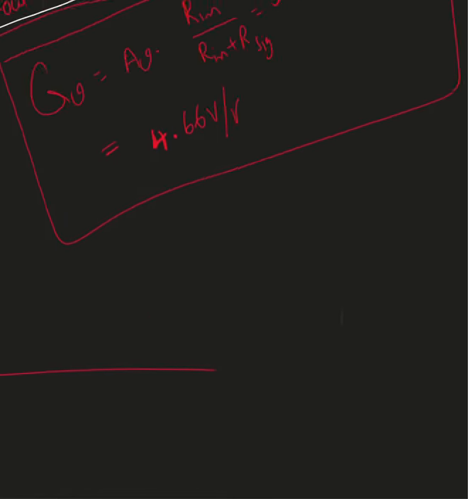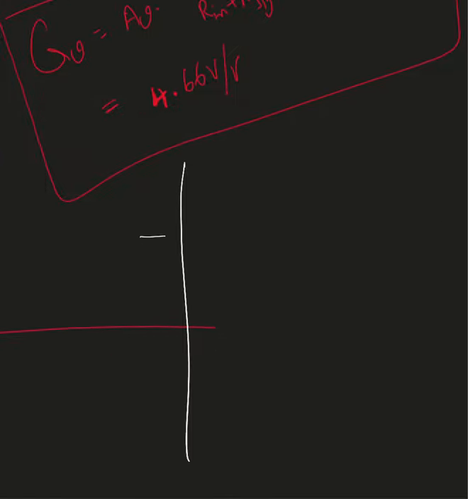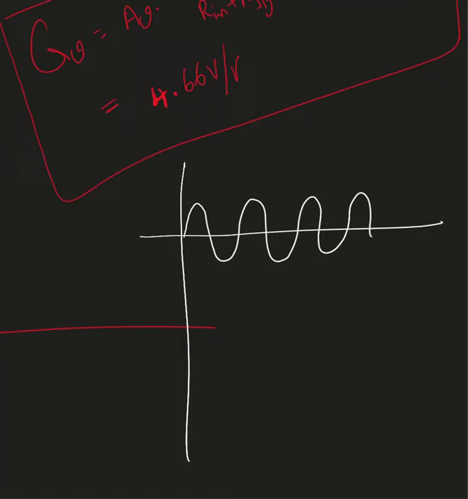When you draw the waveforms, say for example, here is my input signal. Say it's 1 millivolt maximum value, so it's just like 1 sine omega t millivolt. That's the input value.